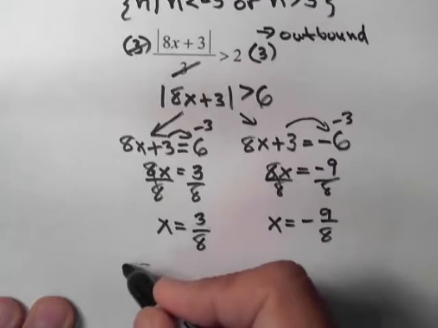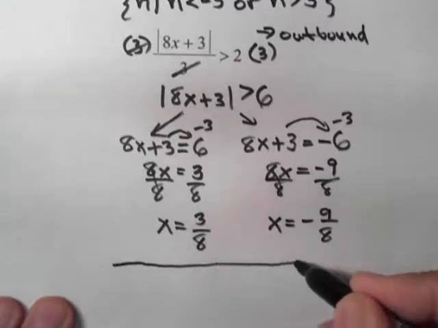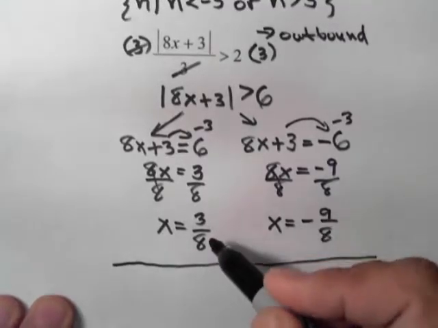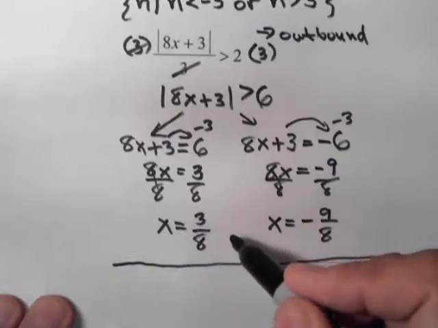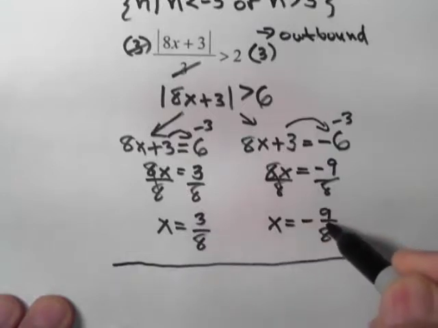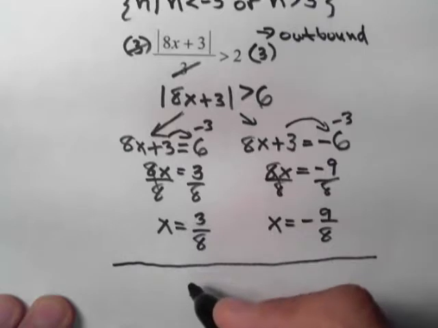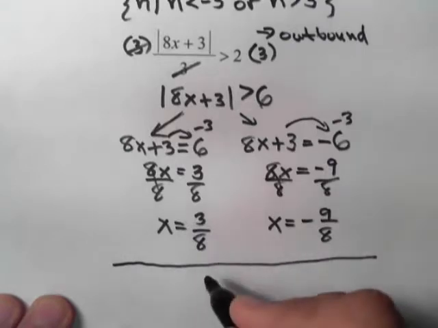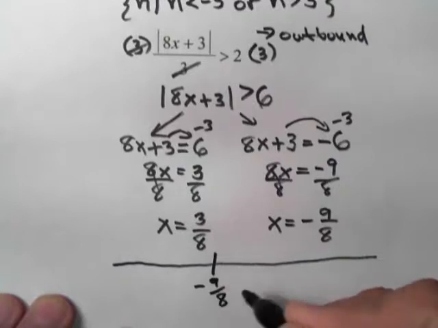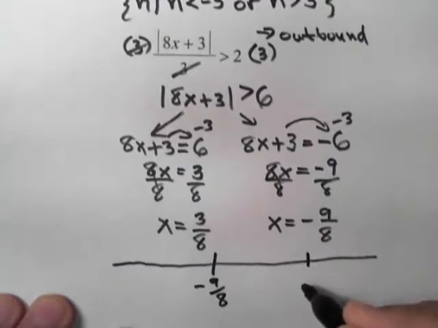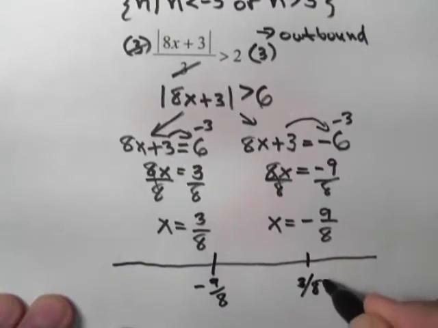Now, to make our graph for this, here we go. Notice 3/8 is positive. It's going to be over to the right. Negative 9/8 is negative. It'll be somewhere over to the left. So if I make this right here negative 9/8 and over here positive 3/8, I've got them in correct numerical order.